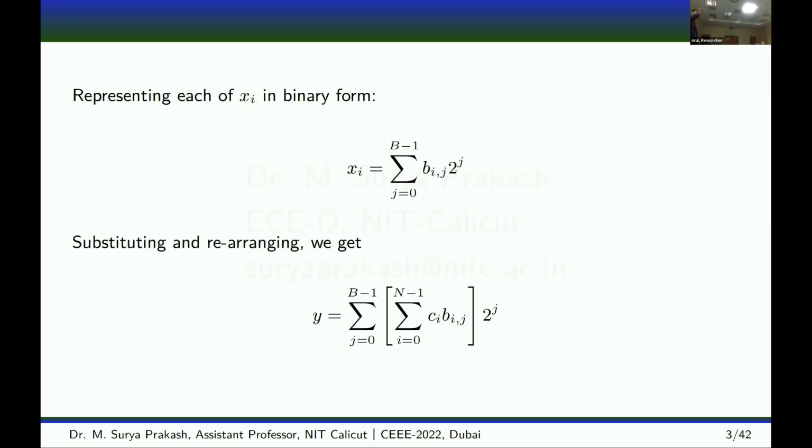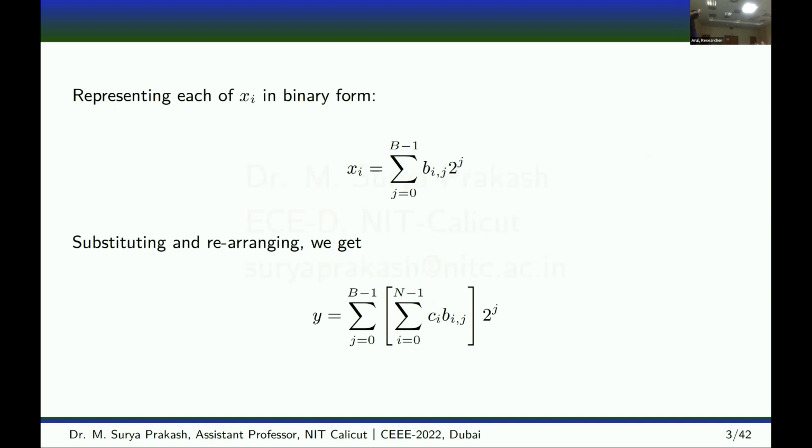Now, if you are able to represent the elements of vector X, which we are calling Xi, i ranging from 0 to N minus 1, in binary representation, it will take this kind of form. Xi is equal to sigma j equal to 0 to B minus 1 of bij times 2 power j. Here j is the index for bit position.